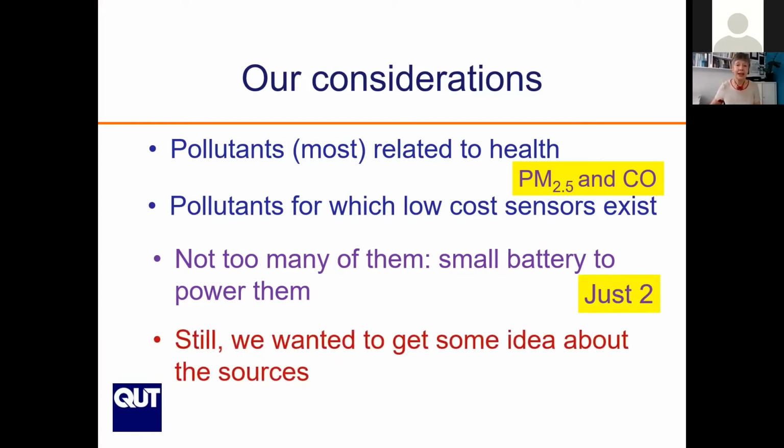But in all of this, we also still wanted to get some idea about the sources, because the fact that we have an increase of, let's say, particle mass, is it coming from combustion, for example, an old combustion source? Old in that sense that the particles had time to accumulate, they are bigger and heavier, or is it dust in the air from whatever source?